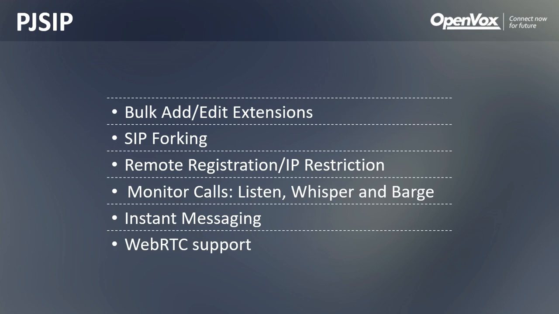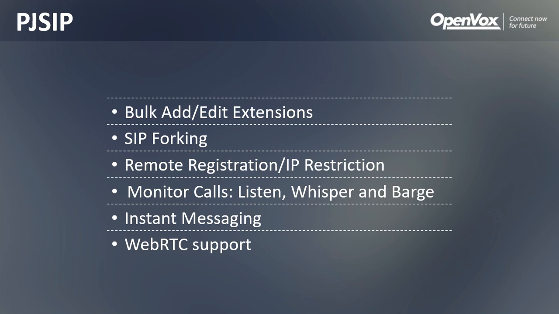PJ-SIP is a popular multimedia communication library implementing standard-based protocols. The new version of UC system can support PJ-SIP thoroughly. New functions like SIP fork and batch generating of PJ-SIP extensions are supported now.